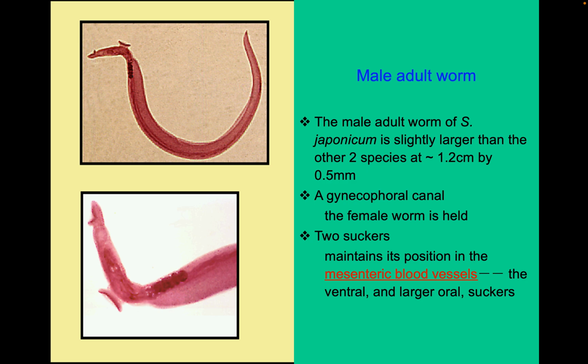They live normally in the blood vessel, because they feed on the blood fluids. They need to hold their position, so the suckers are very strong to do their job, to attach to the blood vessel.